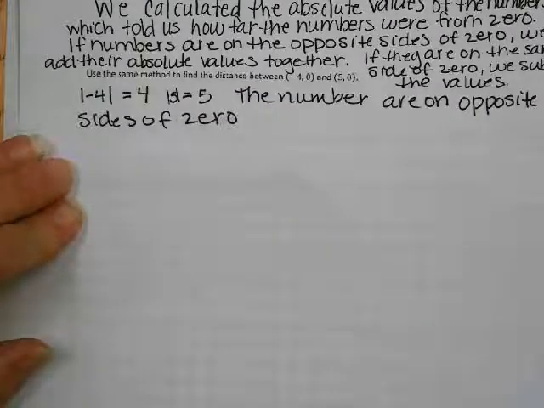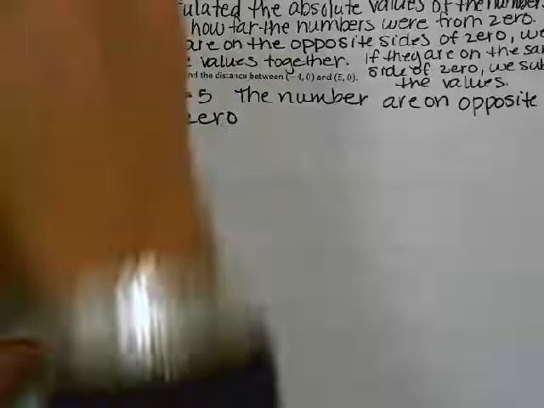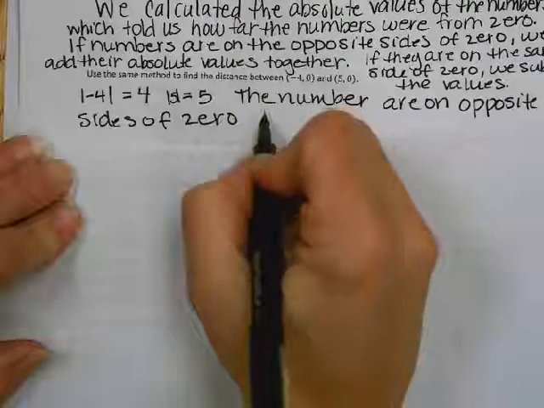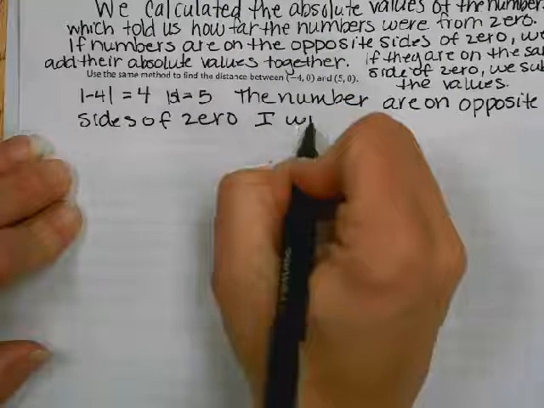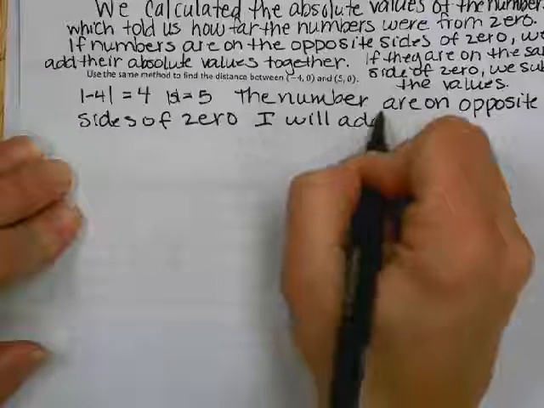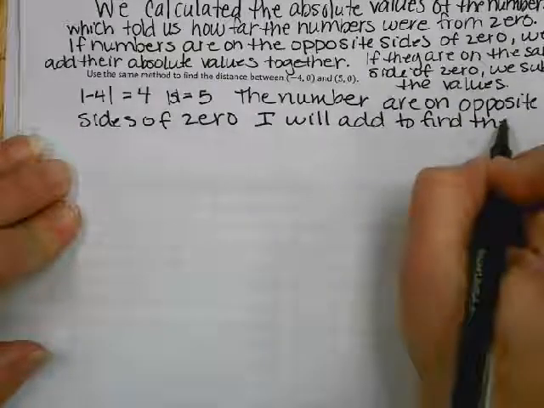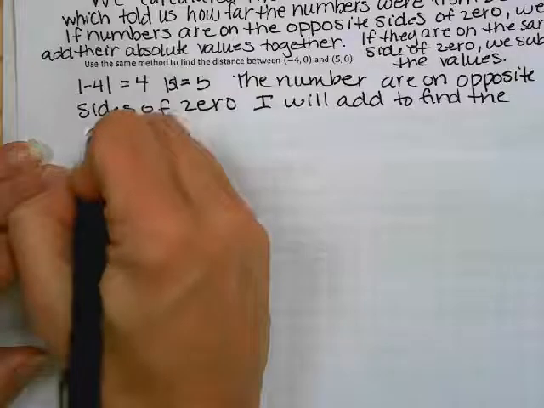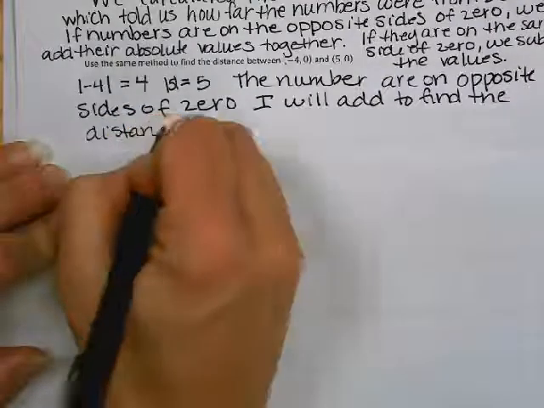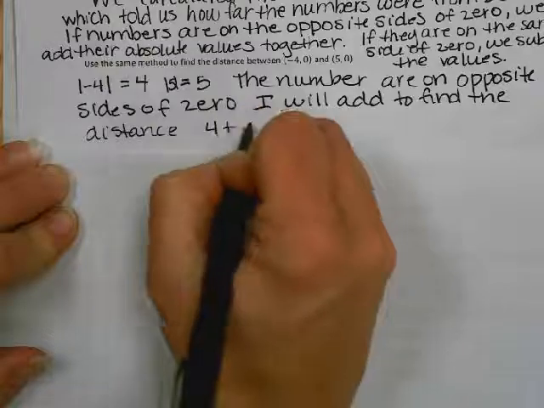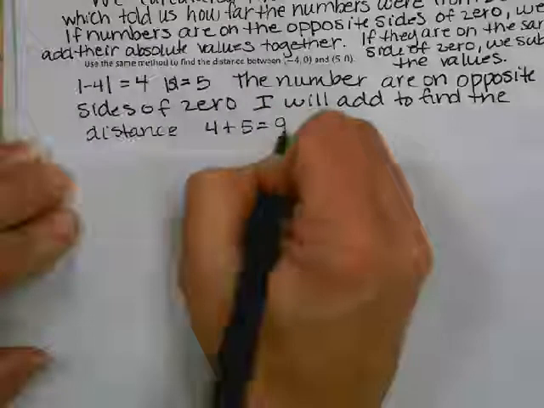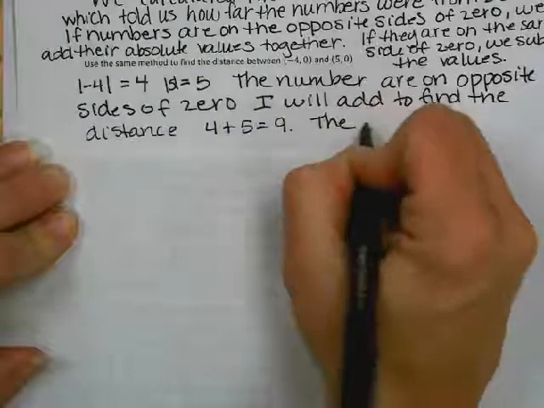Because they are on opposite sides of 0, I will add to find the distance. So 4 plus 5 equals 9. So that means the distance is 9 units.